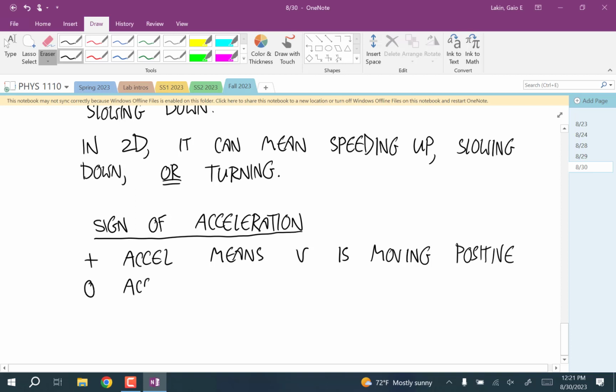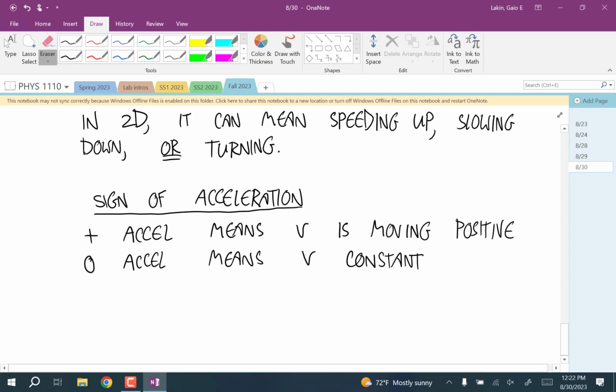Zero acceleration means the velocity is constant. And negative acceleration means the velocity is moving towards negative.